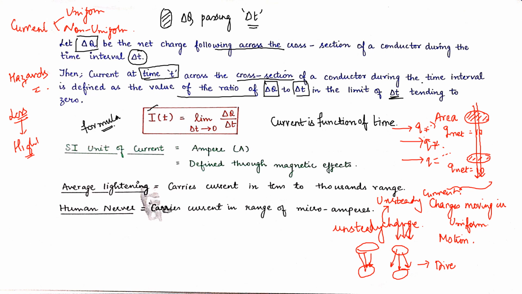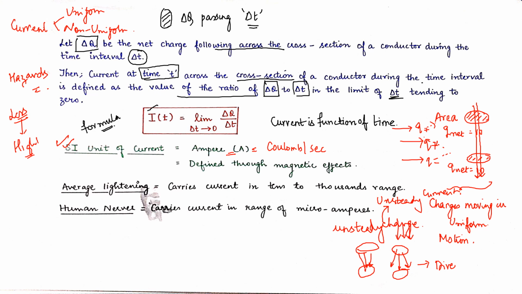Now we'll move on to the SI unit of current. The SI unit of current is ampere, or we can write it as coulomb per second, per minute, per hour. It depends on which time unit we are using to see the flow of charges. But basically it's coulomb per second, and ampere is the standard international unit.